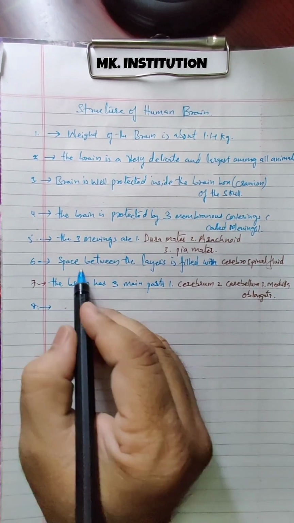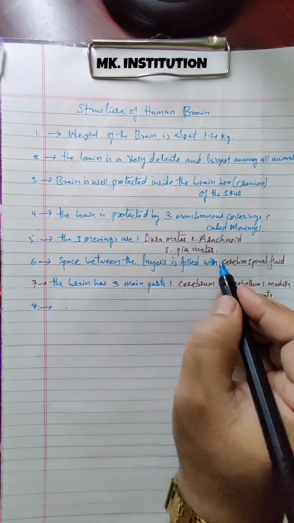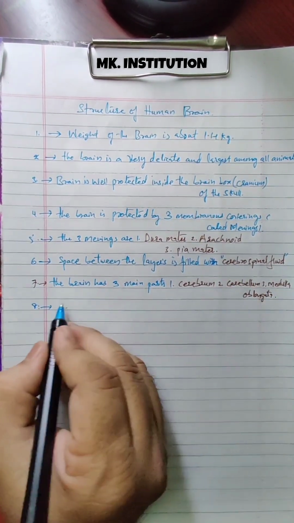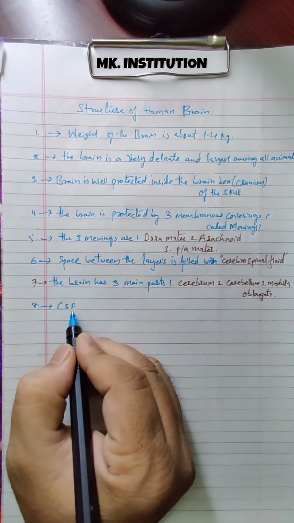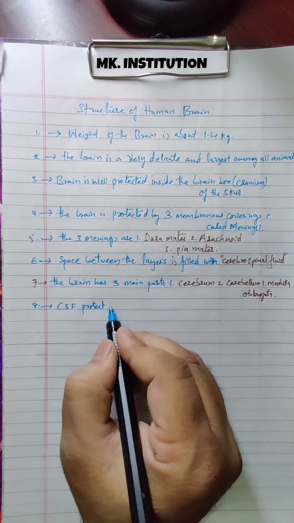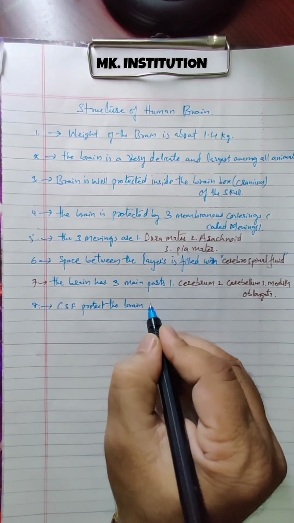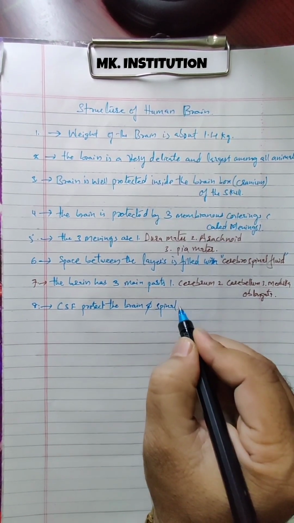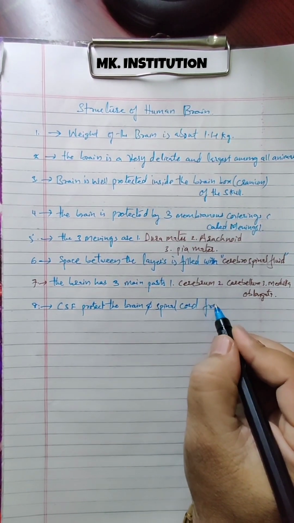Eighth point. Here we have written 6 points. Space between the layers is filled with cerebrospinal fluid. I'll show you what are the functions of this cerebrospinal fluid. This CSF protects the brain and spinal cord from shocks.